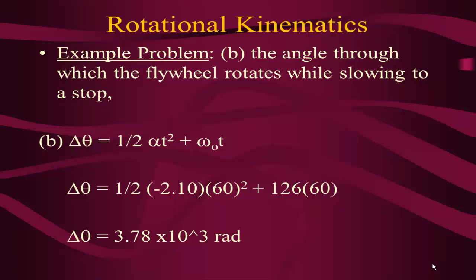Consider our initial velocity positive, slowing to a stop, negative acceleration, and we end up with an answer of 3.78 times 10 to the third radians. I could be asked to convert these radians into degrees or even revolutions if necessary, but if not asked, you'll leave your answers in radians.